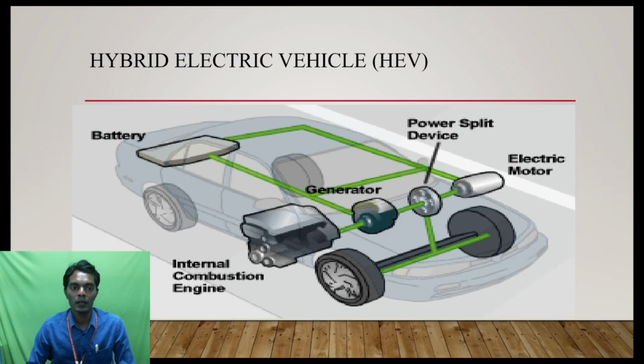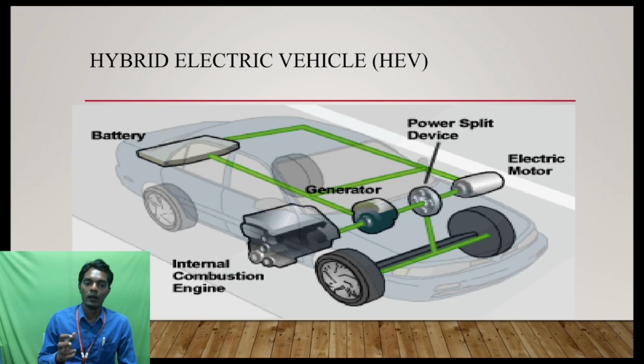So this is the general architecture you can see. We have a battery, we have a generator, we have an internal combustion engine. The internal combustion engine drives the shaft of my vehicle, but at the same time it's also running the generator, and the generator provides the power for the battery. The output power from the combustion engine is always at the maximum, so you can think like that.